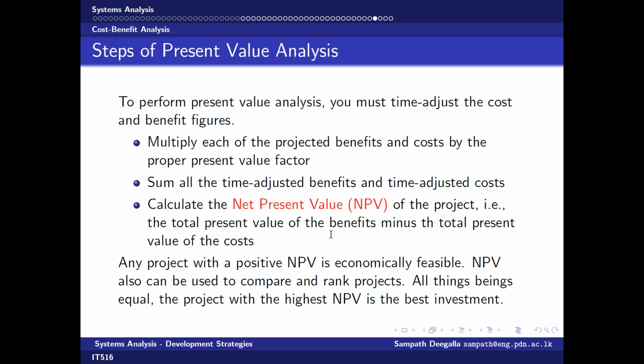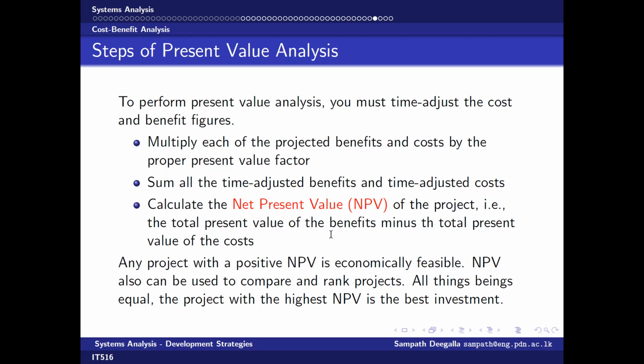So you have to multiply both cost and benefits with the proper factor, and summing will give you time adjusted costs. So net present value, that means the total present value of the benefit minus total present value of the cost, will be the net present value.